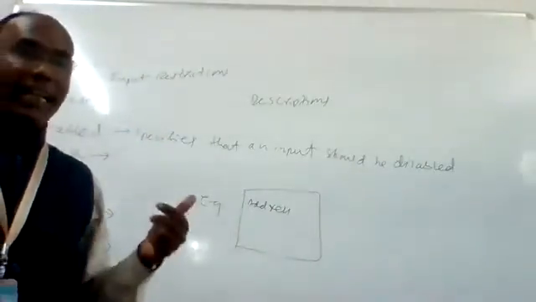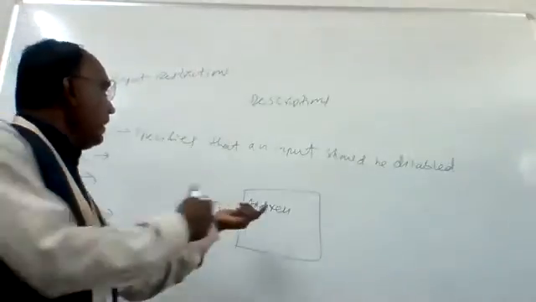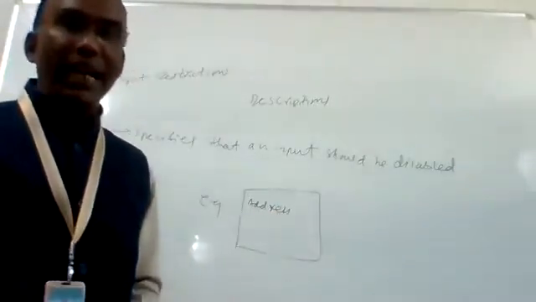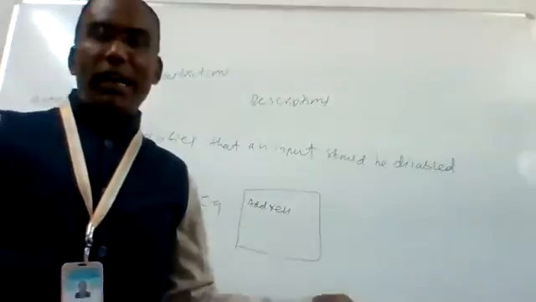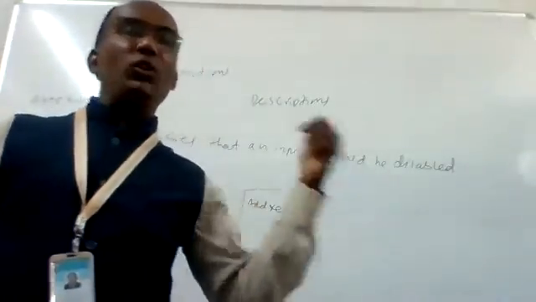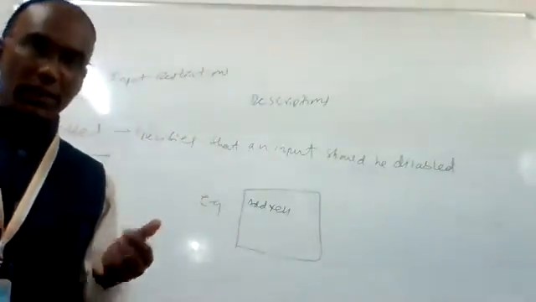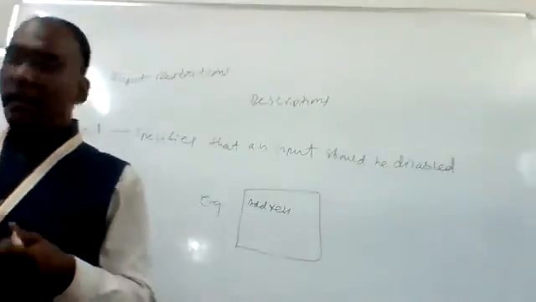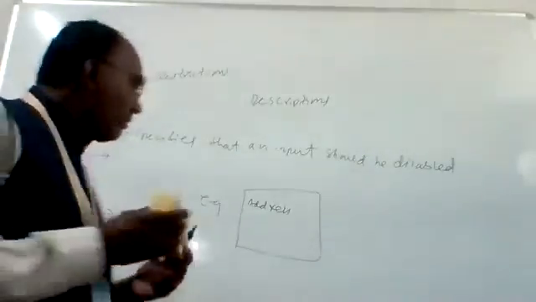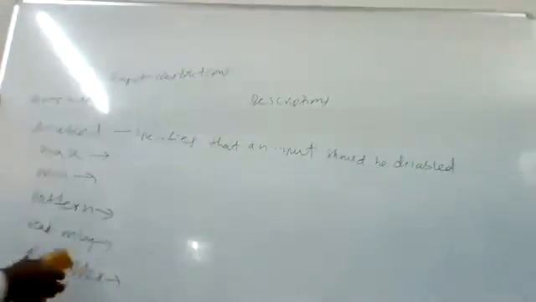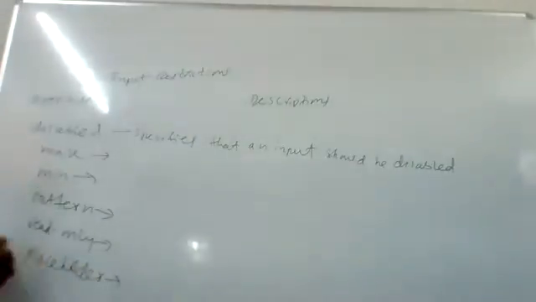So the user knows that he can input the address here, and the label tag is not required. In place of the label tag, we are using the placeholder. Okay, fine. Is it clear? Now we will go for the next.